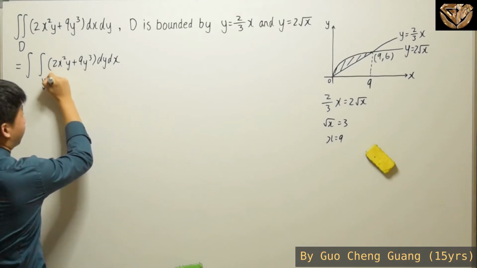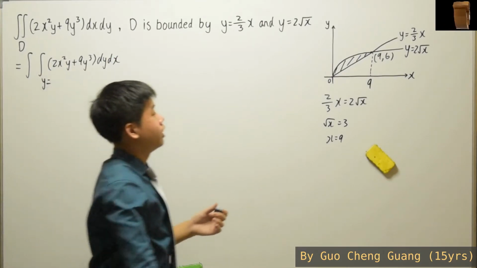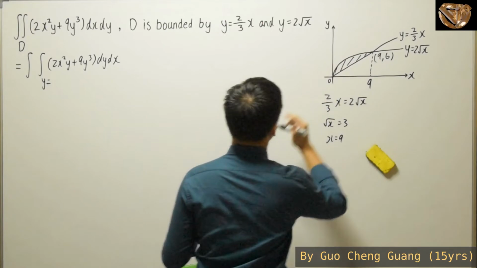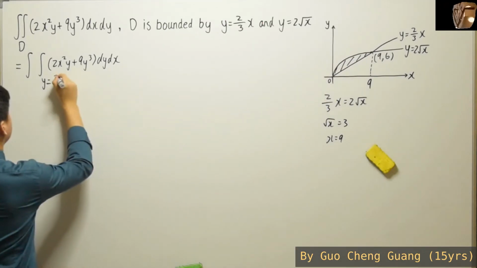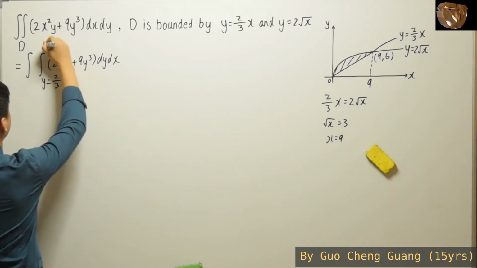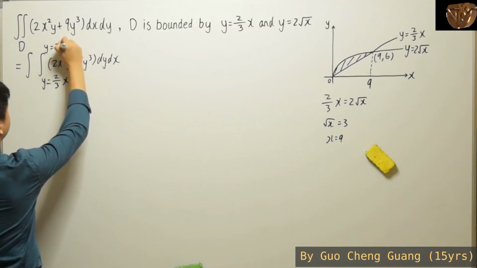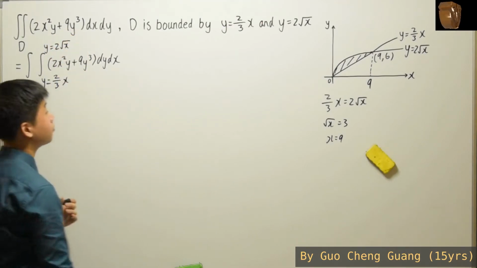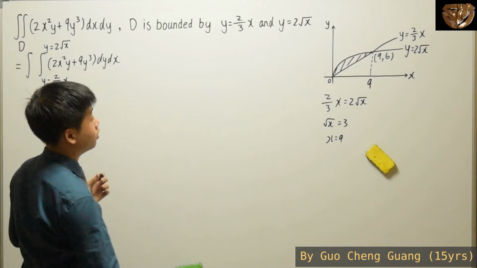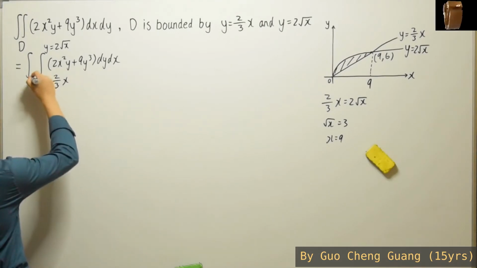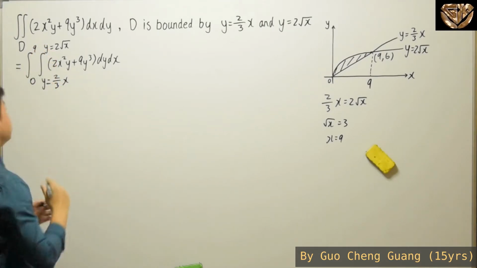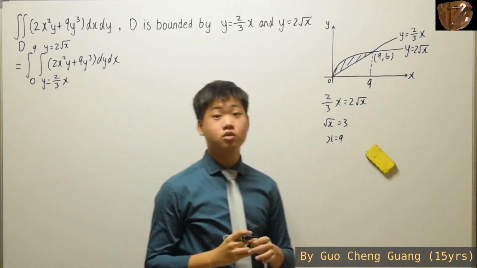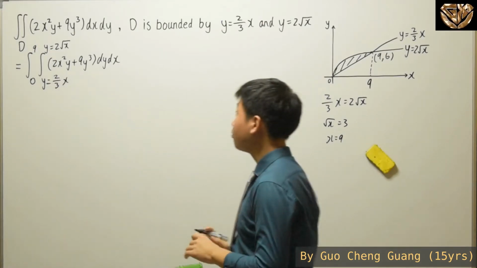So y, where is it from and where is it to? As I said just now, it will be from the straight line to the curve. The straight line is 2 over 3x, and the curve is 2 square root x. Now, your x range is from 0 to 9. Right, and this is what we are going to see.